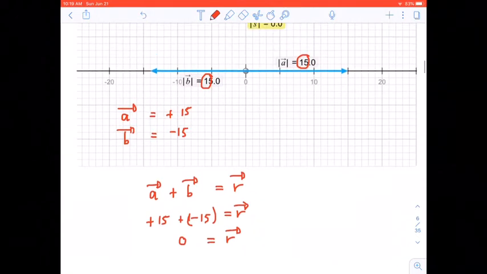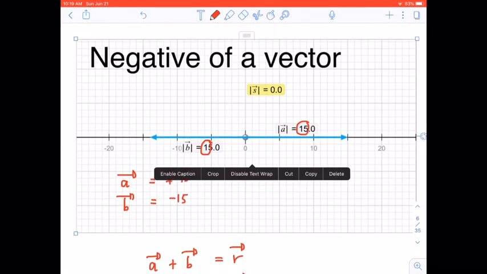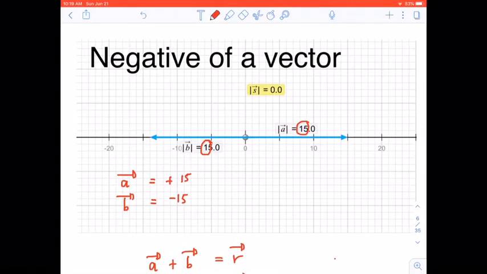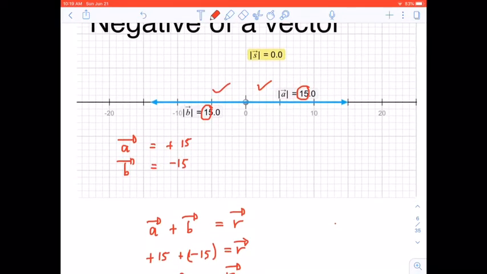Which means if you have two vectors equal in magnitude but opposite in direction, we find that the resultant is equal to 0.